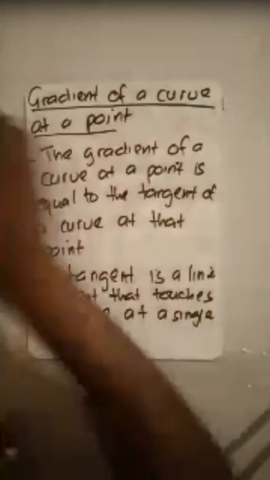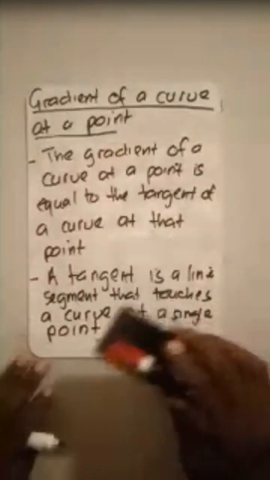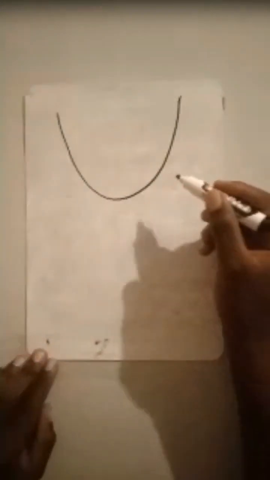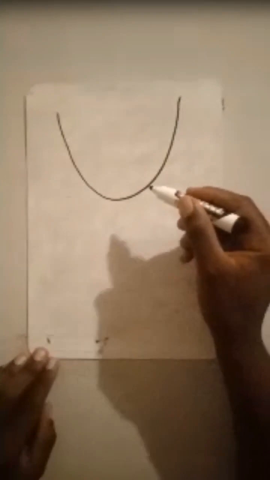Right, so what do we mean by that? Let me draw a curve. If we are having a curve like that, we have said earlier that the gradient of a curve is ever changing, meaning the gradient at this point is not the same as the gradient at that point.